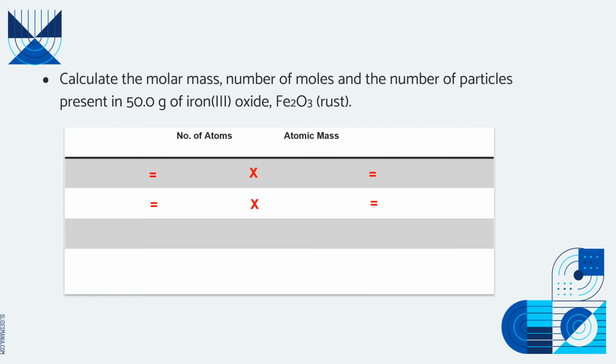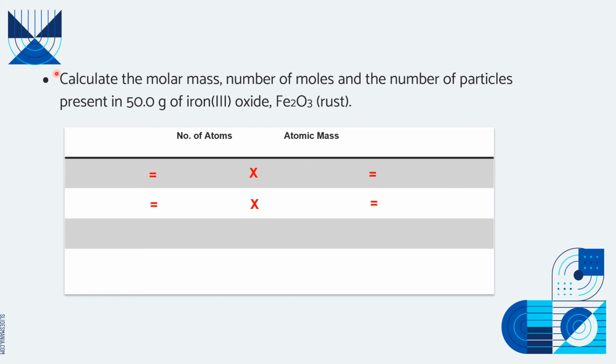Okay, calculate the molar mass, number of moles, and number of particles present in 50.0 gram of iron oxide. Iron oxide is one of the reasons for rusting of some metals.